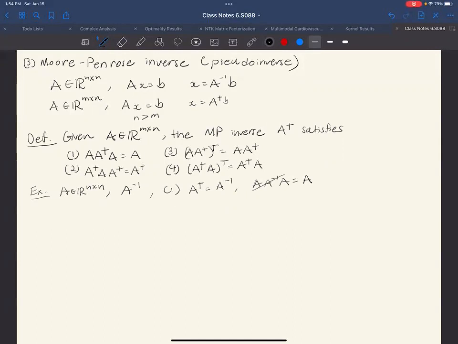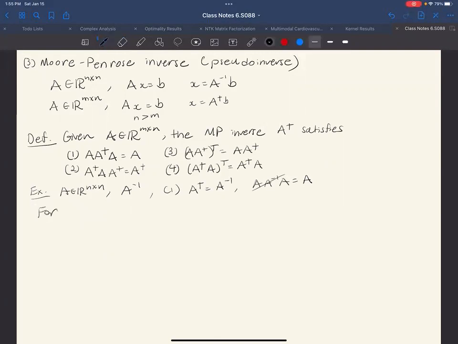Now the question is, is there a nice intuitive way of understanding what the pseudo-inverse is based off of another decomposition? And the nice part is that if we write out the singular value decomposition for any m by n matrix, so here let's say A is an m by n matrix.